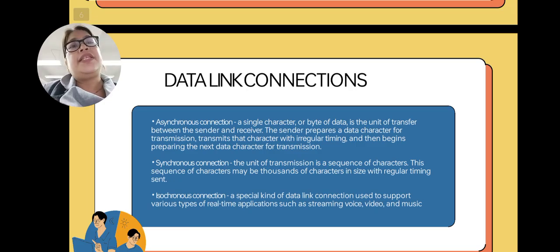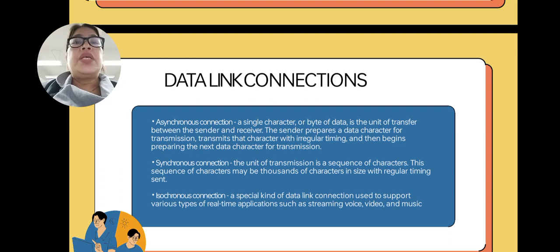Next are the data link connections. First, asynchronous connections: a single character or byte of data is the unit of transfer between the sender and receiver. The sender prepares a data character for transmission, transmits that character with irregular timing, and then begins preparing the next data character for transmission. Next is synchronous connection. The unit of transmission is a sequence of characters, thousands of characters in size, sent with regular timing.